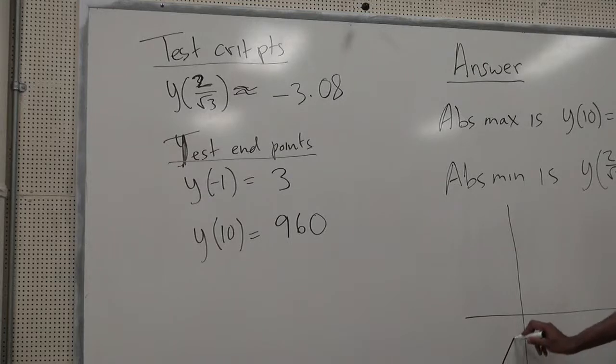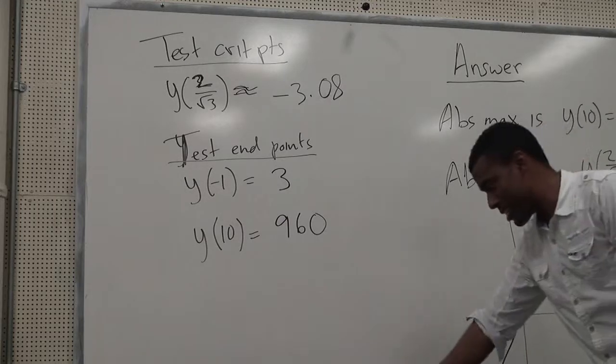A squiggly. Yeah, it crosses the x-axis twice. It definitely has two x-intercepts, right? So what would it look like? Come on.